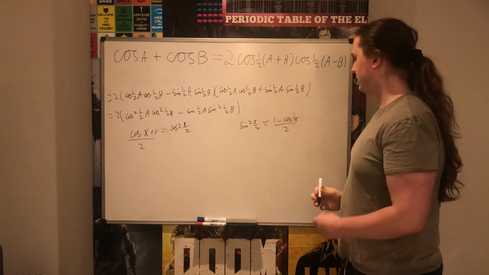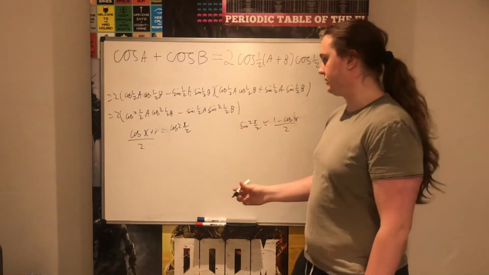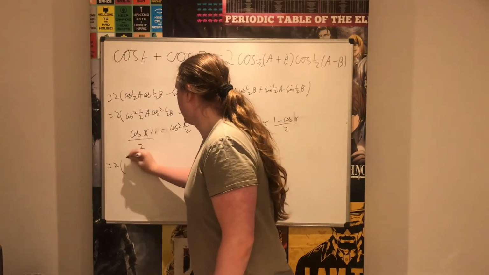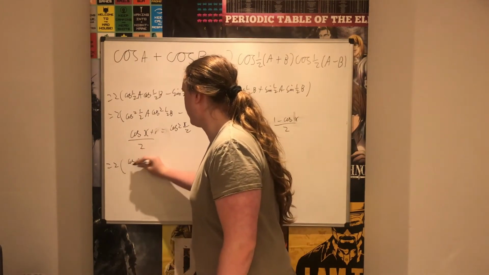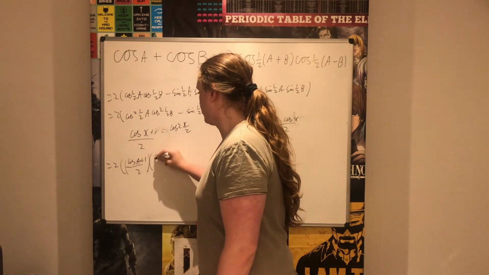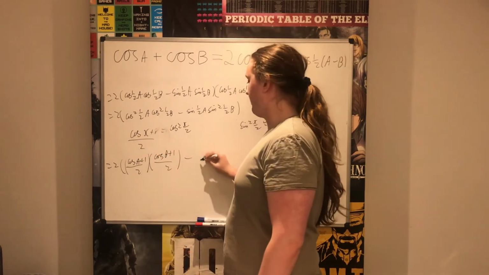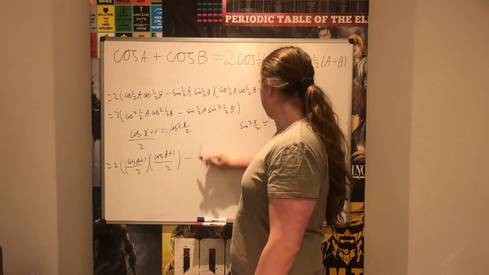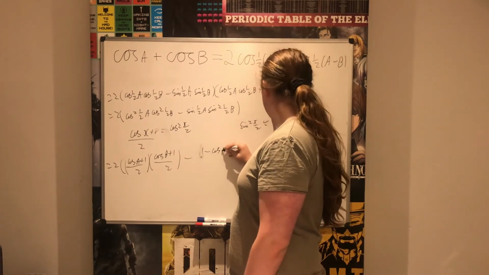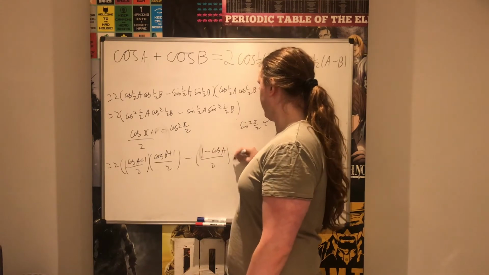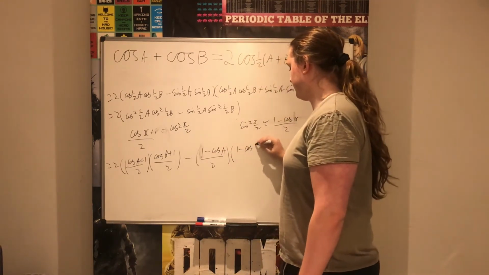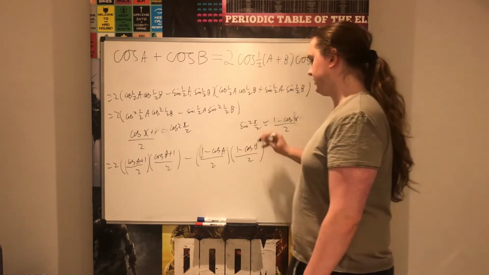So if we now plug this in for all of these, we're going to get 2 times cos of a plus 1 over 2 times cos of b plus 1 over 2, minus 1 minus cos of a over 2 times 1 minus cos of b over 2.